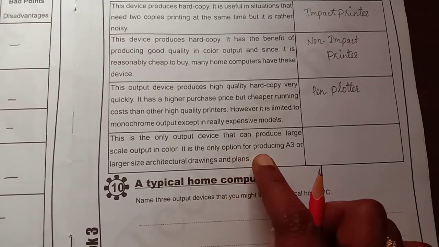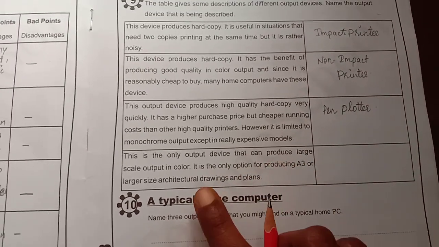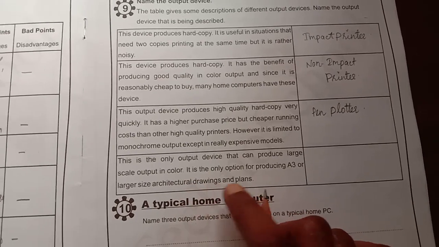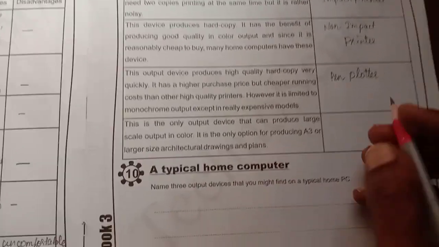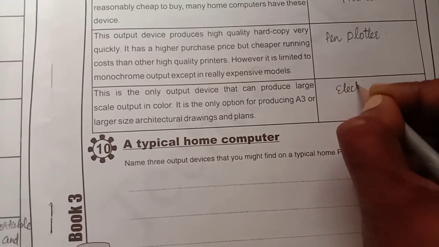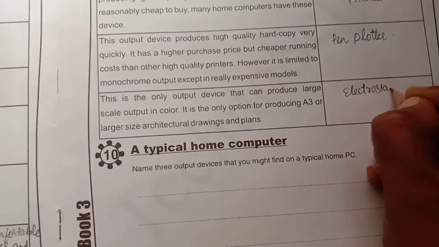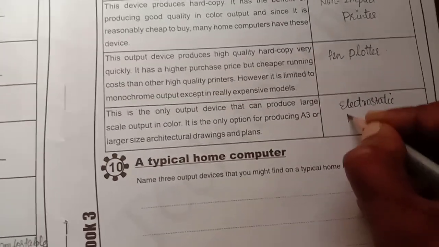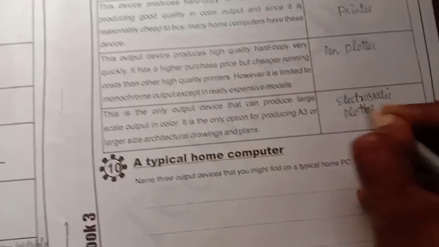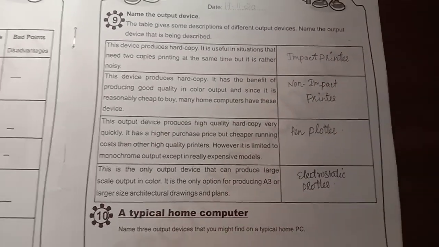It is the only option for producing A3 or larger size architectural drawings and plans. That is an electrostatic plotter. Okay. Third one is a pen plotter and fourth one is an electrostatic plotter.